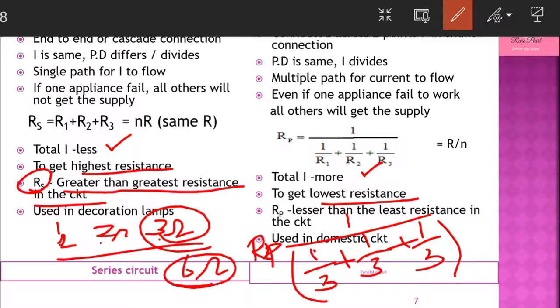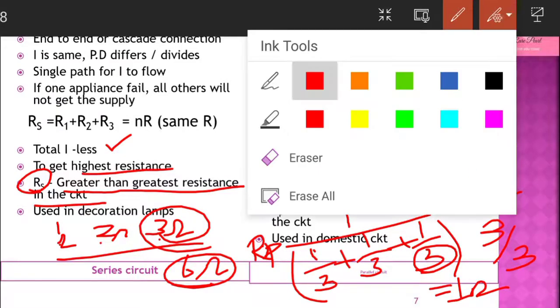In this case, we will get 1 divided by 3/3, that means it is going to be 1 ohm. So the total resistance is 1 ohm, which is lesser than the least resistance. Hope you understood.